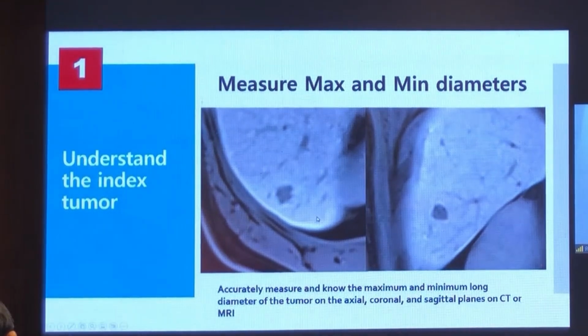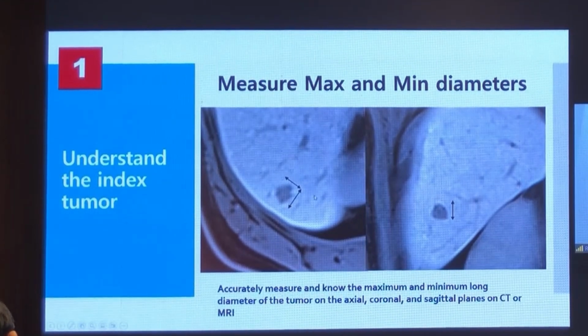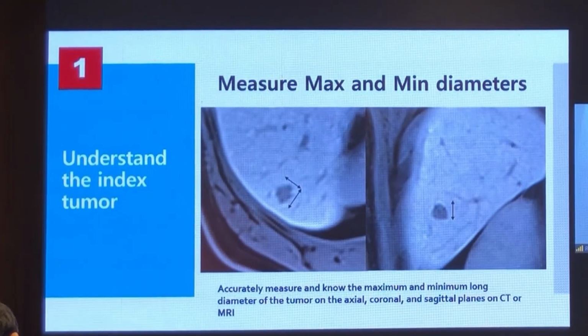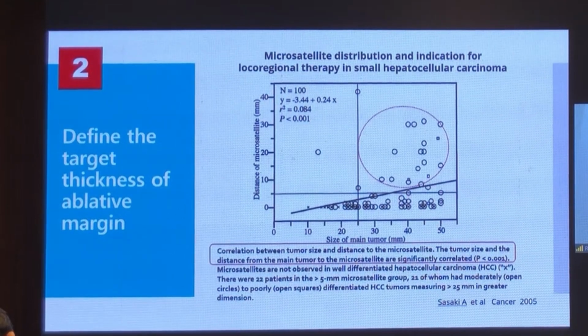For example, we should measure the tumor precisely in different planes, axial, coronal, sagittal, including the maximum and minimum diameter. This is very important. We often just do the procedure with only the maximum tumor diameter, but it should be measured carefully in 3 dimensions.